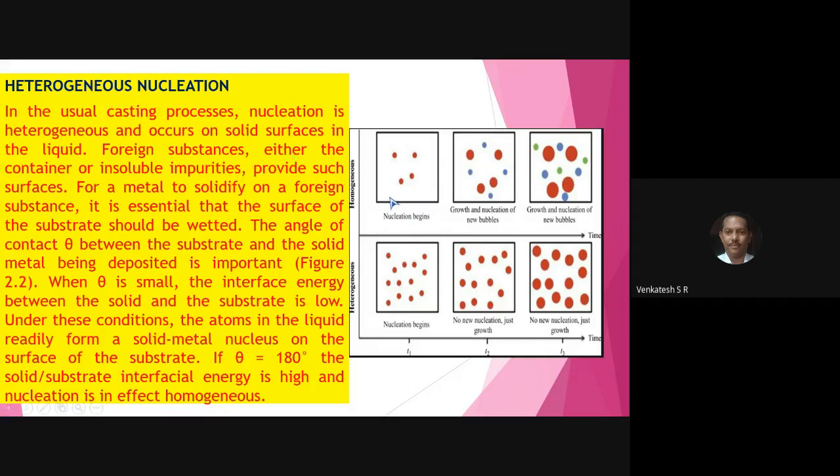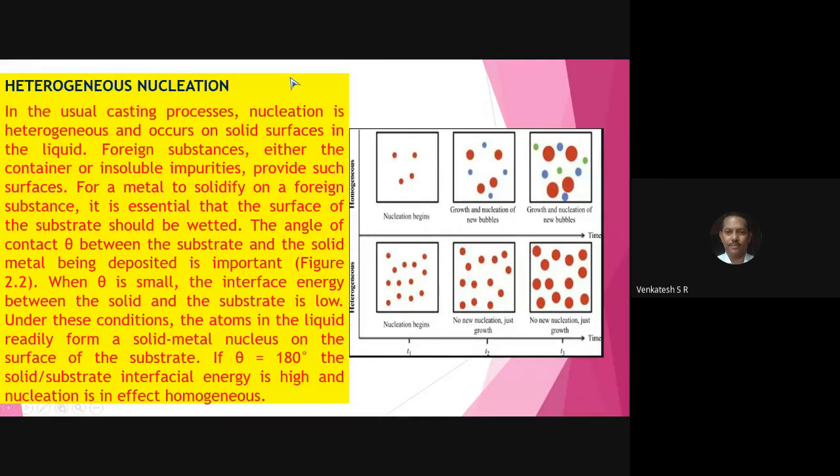All of you observe. The heterogeneous nucleation is nothing but the solidification process observed in alloy.